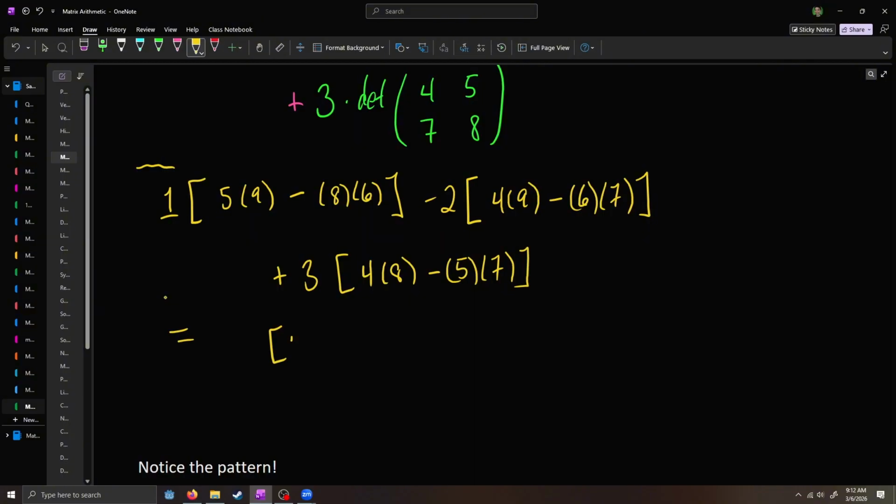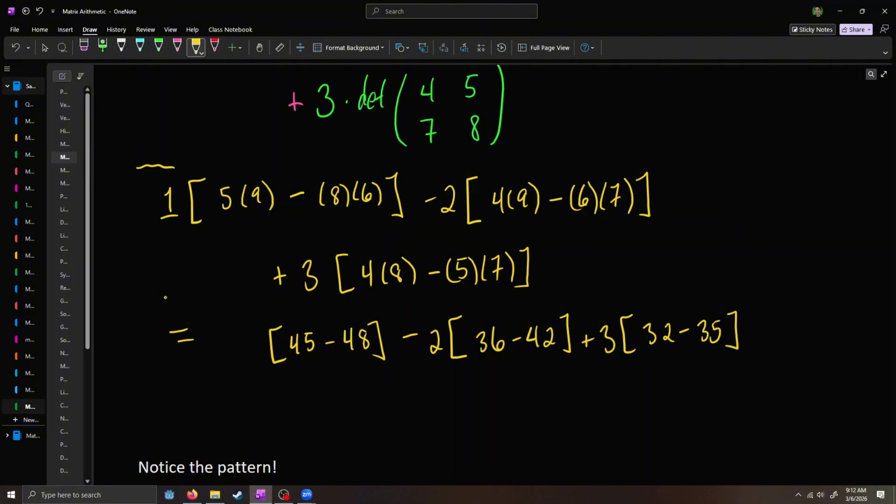So this is 45 minus 48 in the first brackets. Minus 2 times 36 take away 42 in the next brackets, plus 3 times 32 minus 35 in the final brackets.